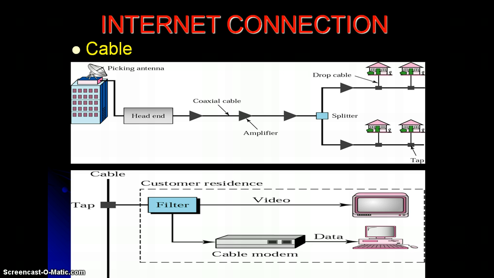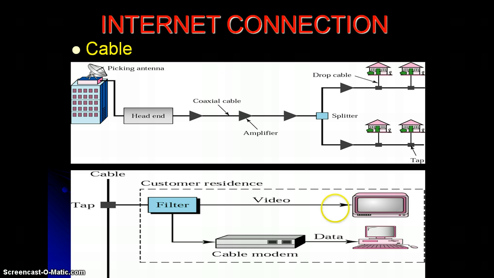Because the coaxial cable used by cable TV provides much greater bandwidth than telephone lines, a cable modem can be used to achieve extremely fast access. Cable speeds range from 512 kbps to 20 Mbps.